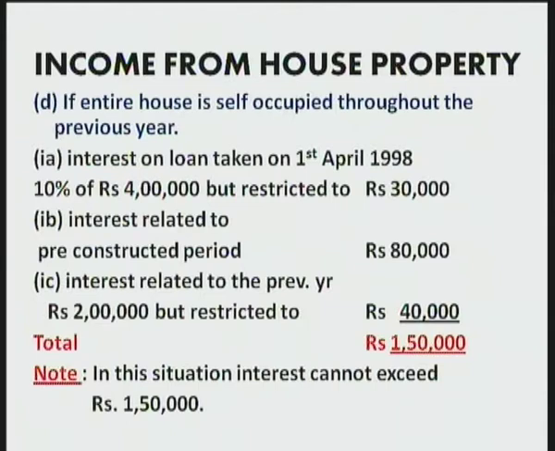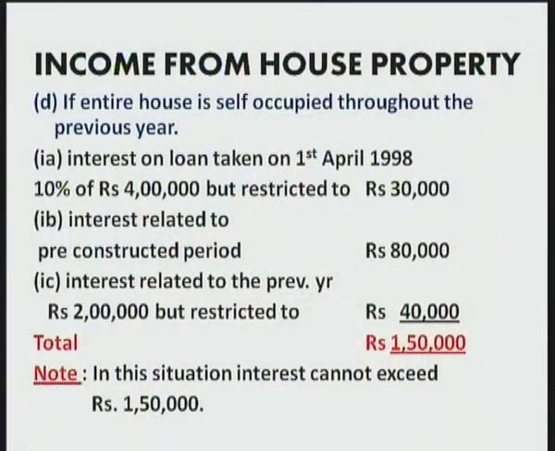Now, the fourth situation is if the entire house is self-occupied throughout the previous year. If the house is used only for the residence of an assessee in the particular previous year, then again interest cannot be deducted beyond Rs 1,50,000. Now, how is it calculated? Interest on the loan taken on 1st April 1998 of Rs 4 lakh comes to Rs 40,000.